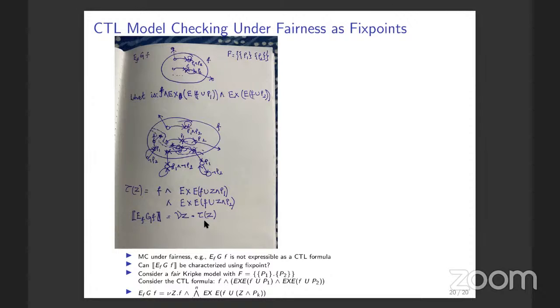Because then, in each step it will eliminate things. For example, right in the beginning, in one step it will keep only self loops in which p1 and p2 both hold, because they certainly are fair paths.